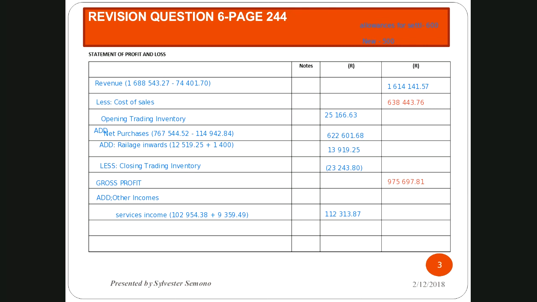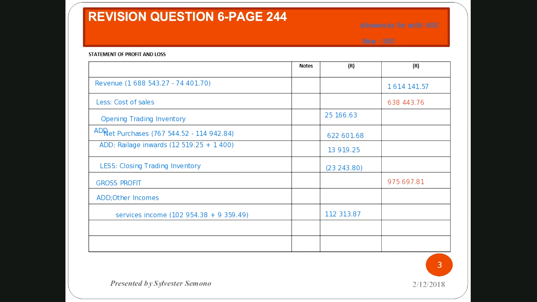So you will find the accrued interest. So if I check here, guys, from 1 to 13, I don't see any interest on fixed deposit that is outstanding. But in future, you'll find it, or they will ask you to calculate the outstanding interest. That outstanding interest will be regarded as accrued income. It will be added to the interest that has been given to you from the list of balances. Okay, no problem. We know that we don't have to adjust interest on fixed deposit.